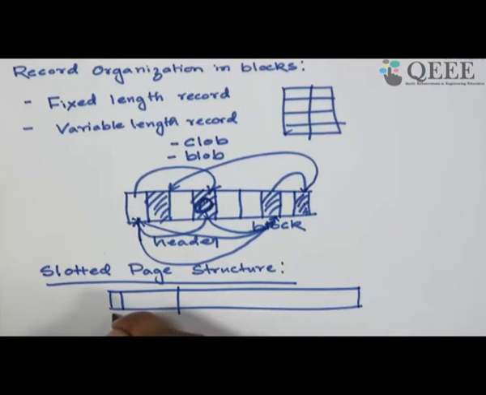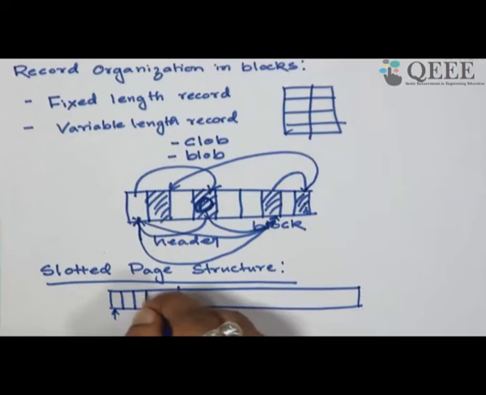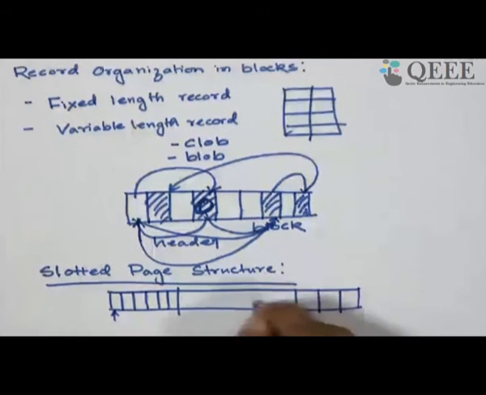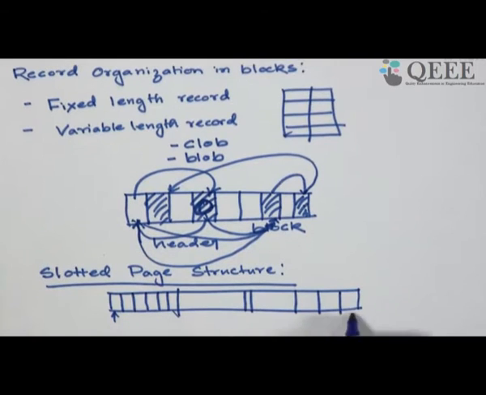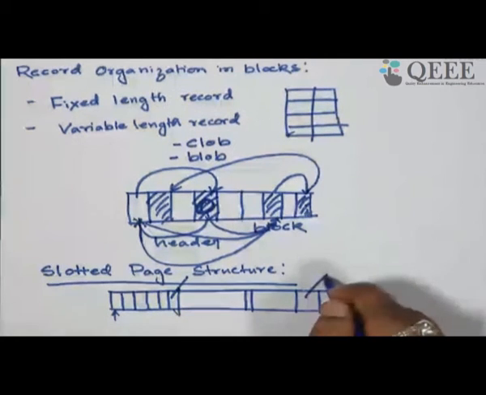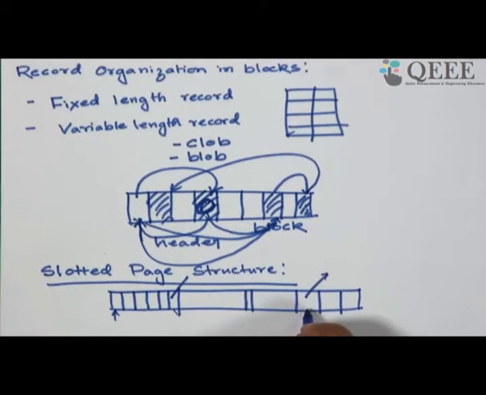The header part contains how many records it contains and the starting address of all the records, and the data part contains, from the other side, the actual records, which may be variable. So each of these entries will point, and when I delete my record, just this entry gets deleted and the corresponding record gets deleted, and this is moved. Okay, this is moved. This is relatively more complex.